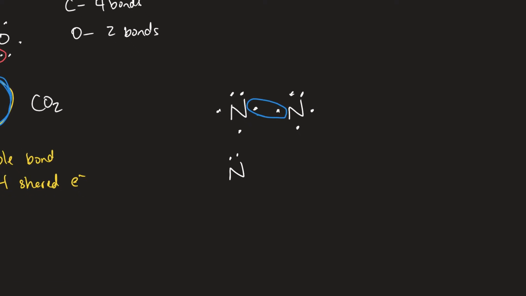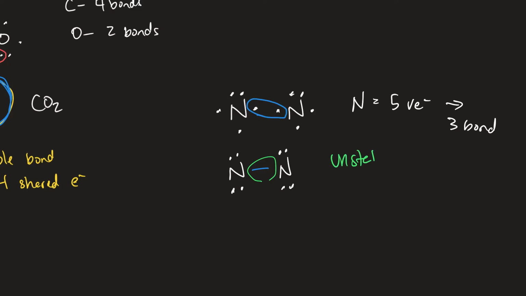Nitrogen has 5 valence electrons, so it needs to create 3 bonds. What we see here is that each nitrogen has only one bond, just that one bond in the center. So here we have an unstable molecule.